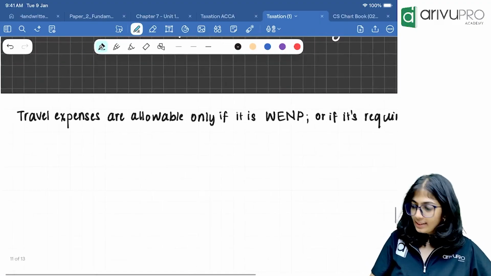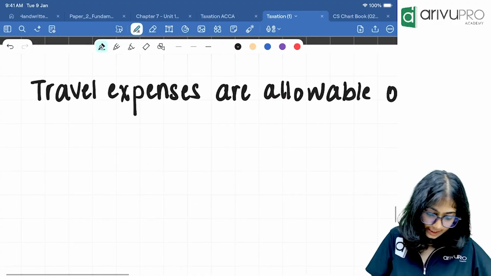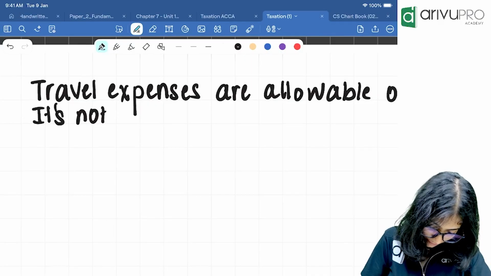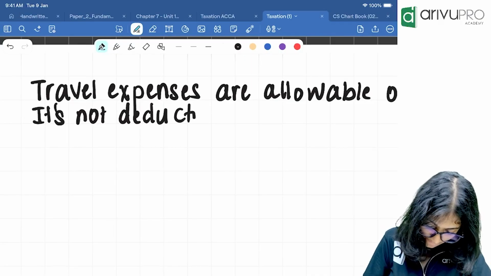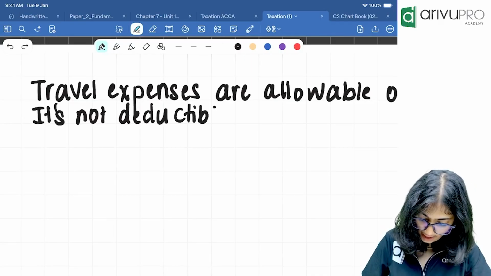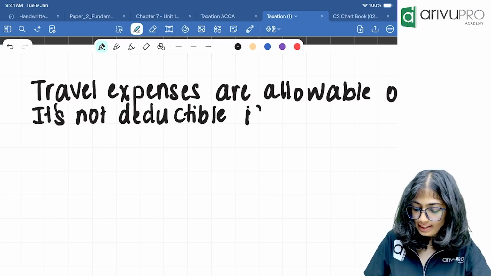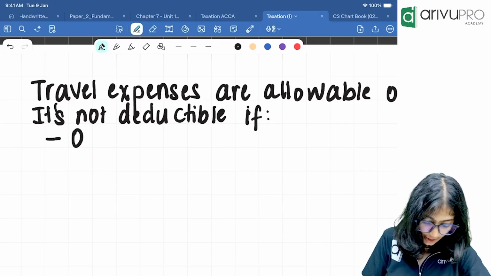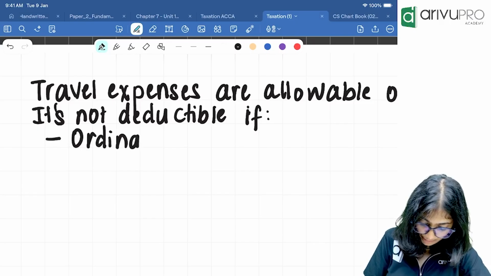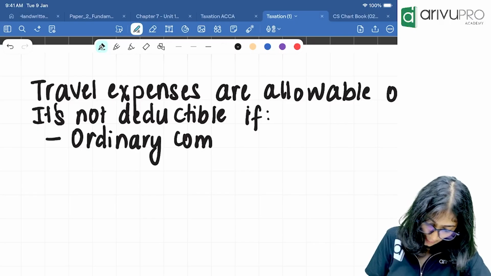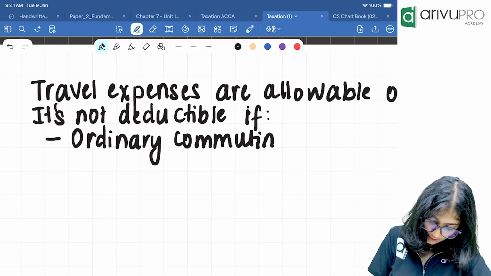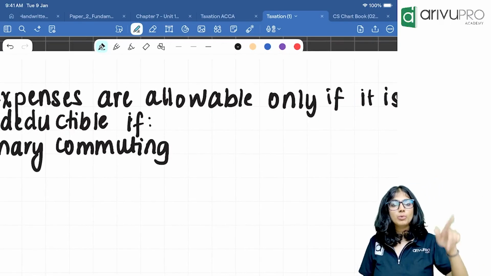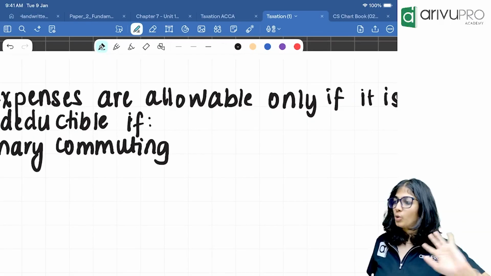Another thing, obviously it's not deductible in two cases. Two points you have to remember. First of all, if it's for ordinary commuting. Ordinary commuting is when you're coming from your home to work, or from work going to your home or PG.